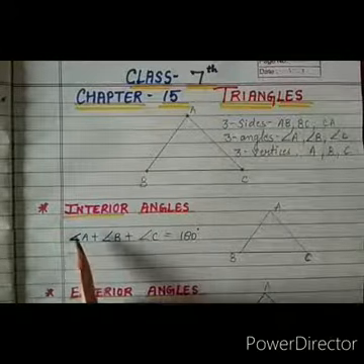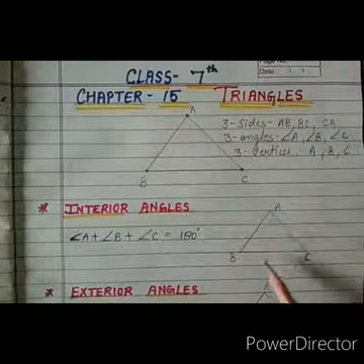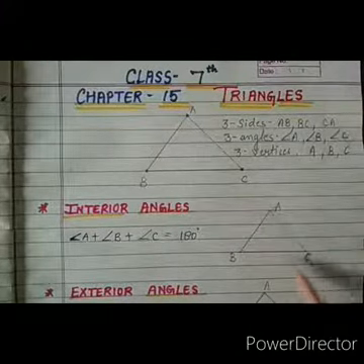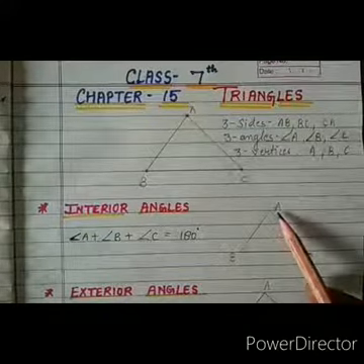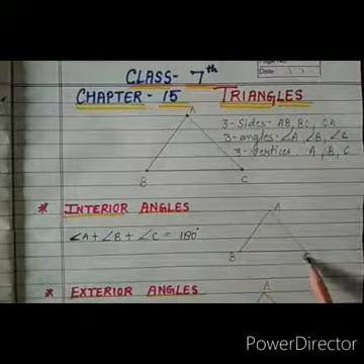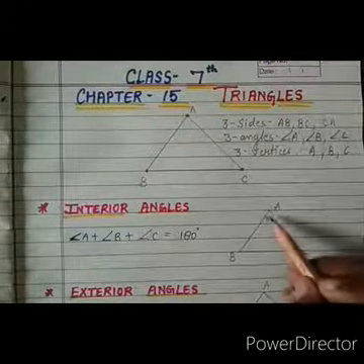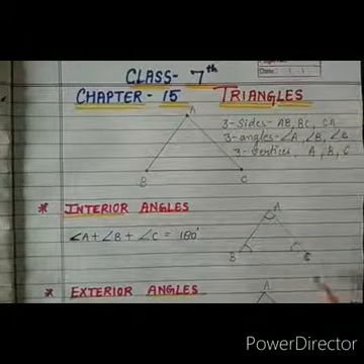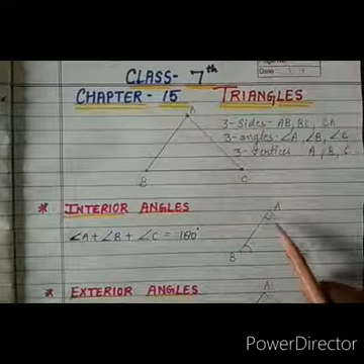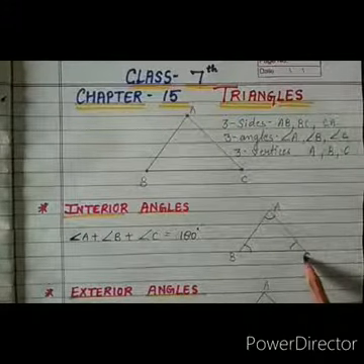Now the first one is interior angles. As we can see here, this is the triangle having three vertices, that is A, B and C. So in this way we have three angles, and these angles are known as interior angles. So angle A, angle B and angle C are interior angles.